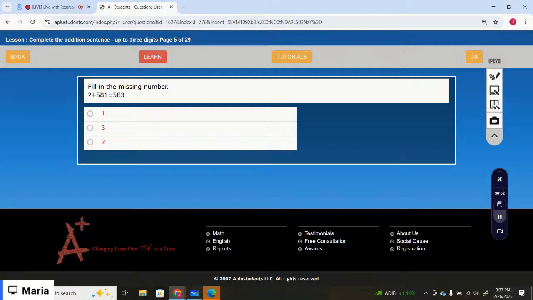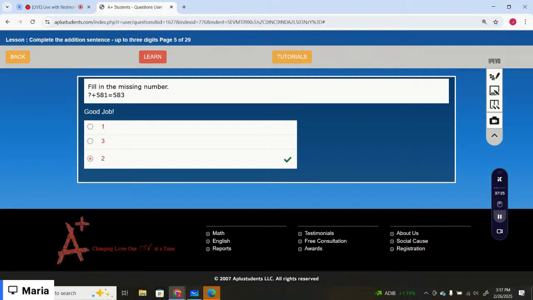581 plus missing number equals 583. Which number is it? That is 581 plus 2 equals 583.